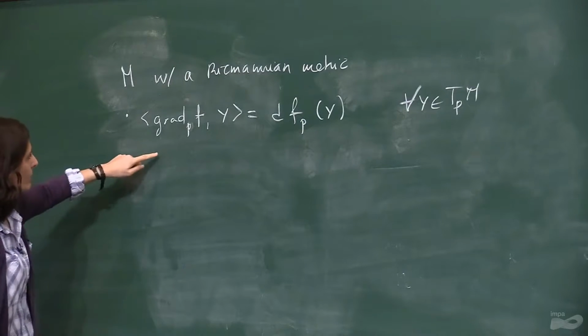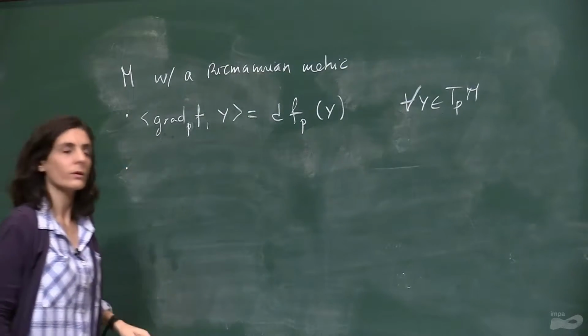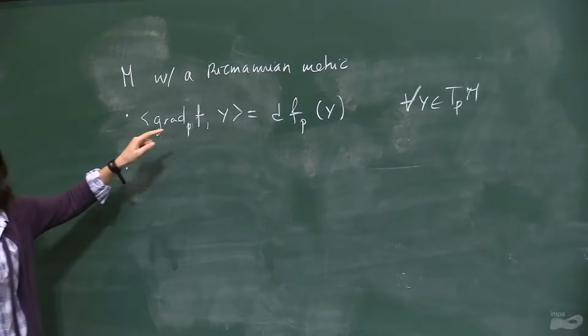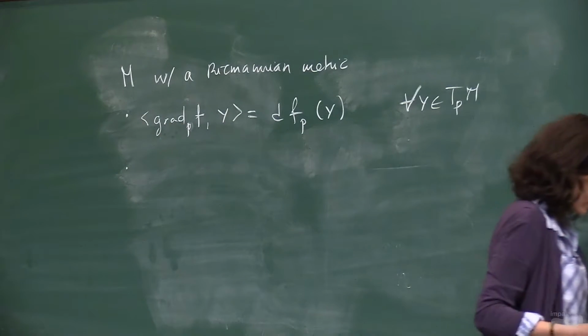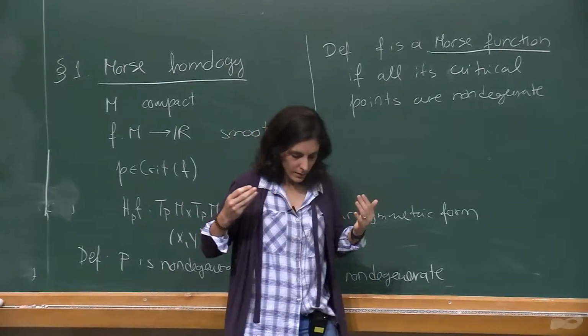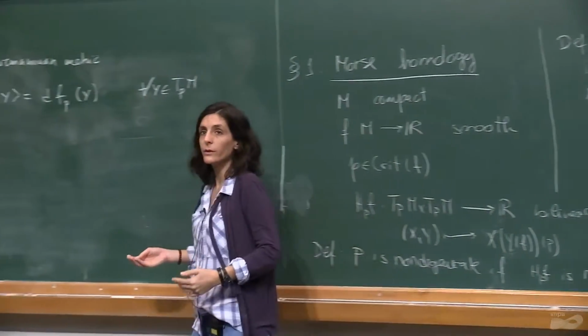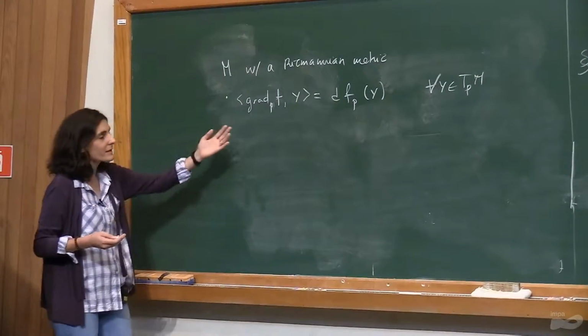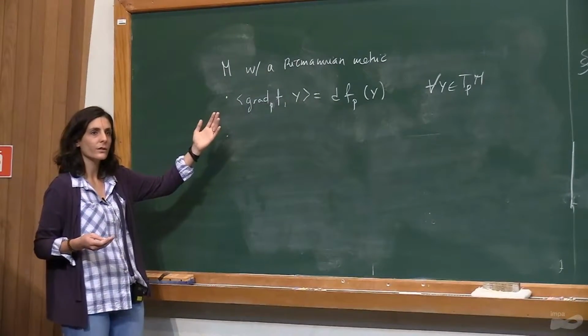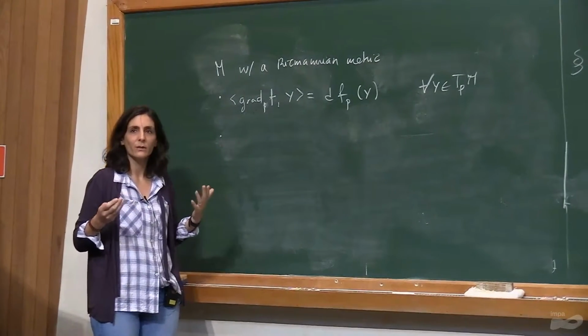So here I'm looking into the gradient vector field. Here in Morse theory, we can actually work with vector fields which are not exactly the gradients of the function, but are something similar, okay?